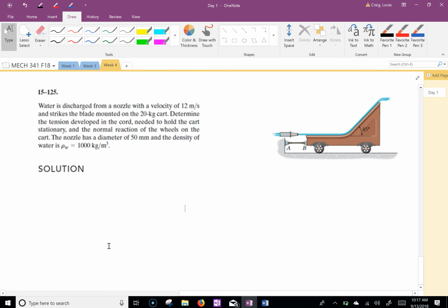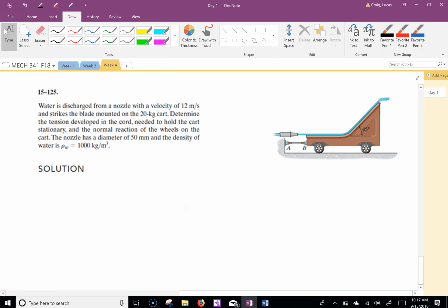Okay. So we have water being discharged, and it shoots along this cart at 45, and then shoots out here at an angle. We're assuming that the water flow along that cart is the same from here all the way up to there.